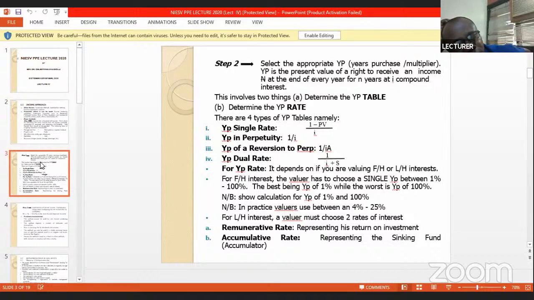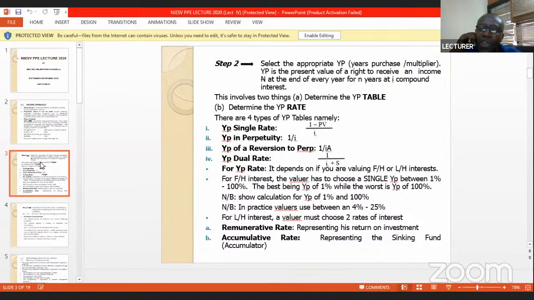The landlord is currently collecting head rent. Well, we are hoping that in a few years' time, the head rent will expire, and that will mean that the landlord will now start collecting the full rental value. That is called reversion to perpetuity. So when a landlord has to wait for the head rent to expire before he starts collecting full rental value, that is reversion to perpetuity.